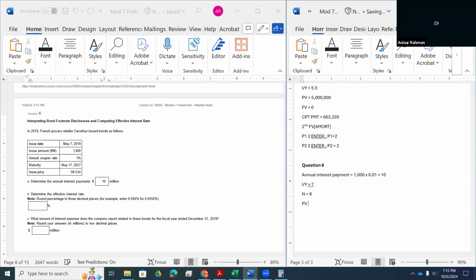Our present value is how much the company got by issuing this bond. This company got 99.534% of 1,000, which basically means 934, 995.34.